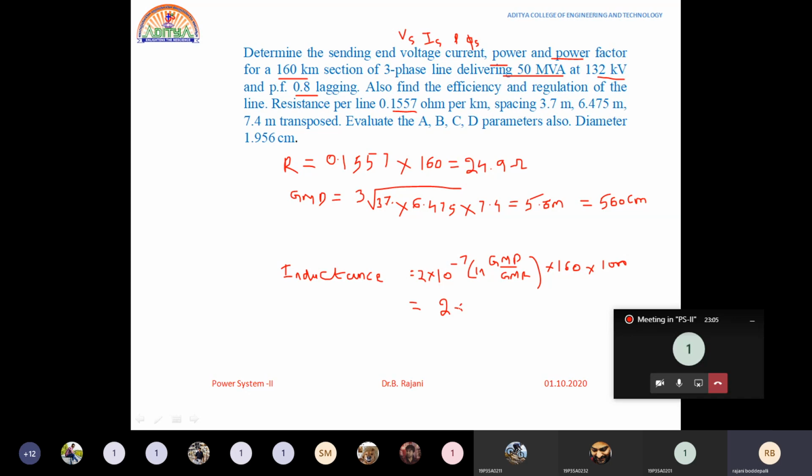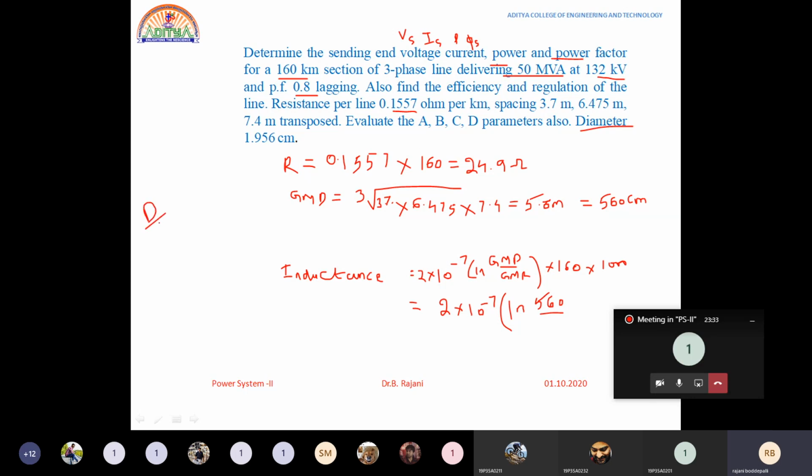So that is 2 into 10 to the power of minus 7 ln of GMD, which is 560, by GMR. See, the diameter he had given you is 1.956 centimeters.